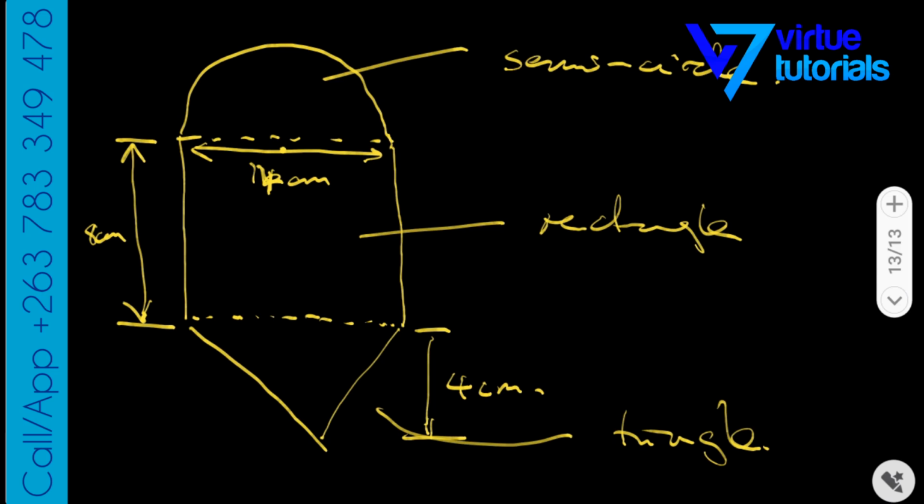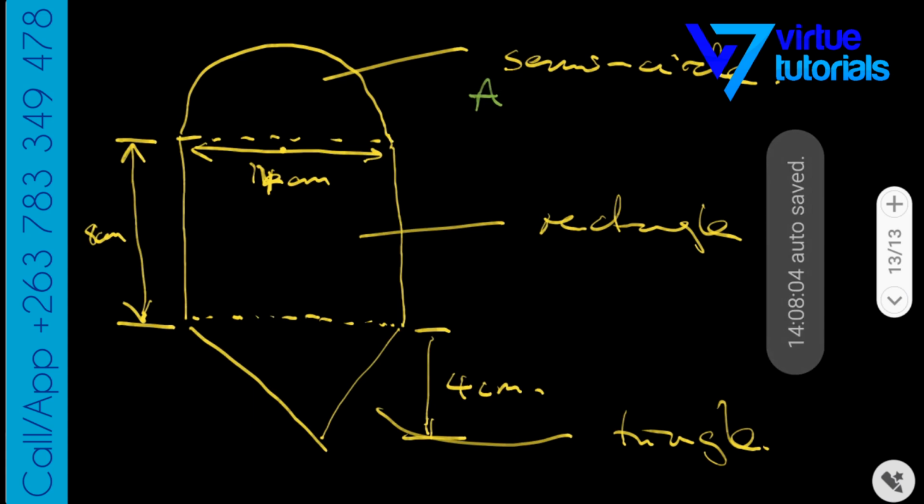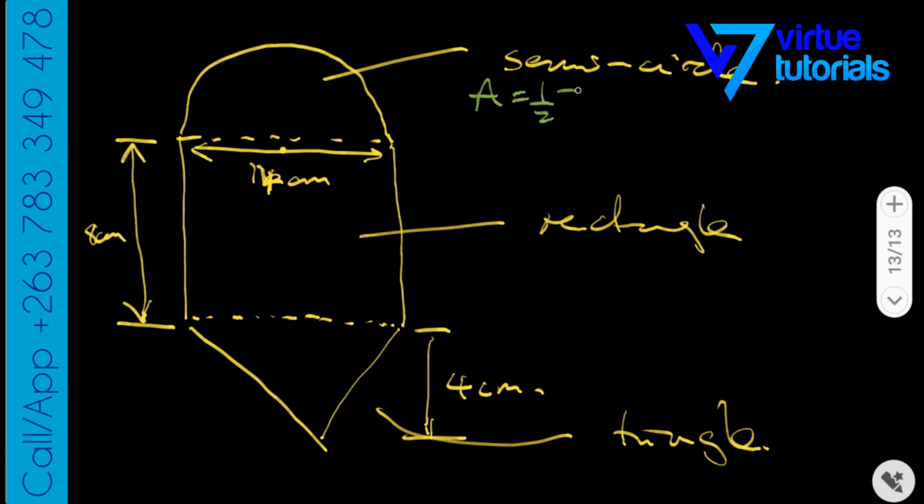So if we start off with the semicircle, the area of this is going to be half the area of a circle, which is half pi r squared, which is going to be half of your pi, which is 22/7, times r squared. If this is 14, from there to there, then half the distance is 7. The radius is 7.